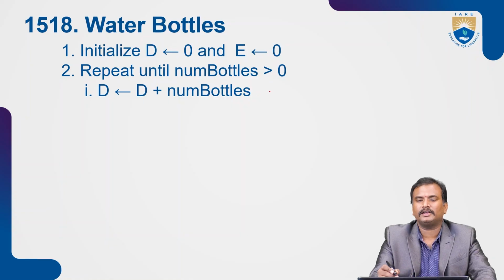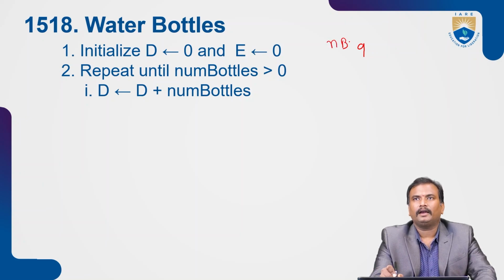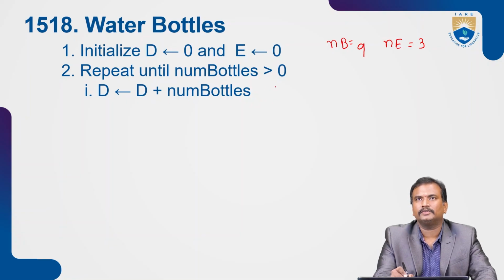Initially, let us consider the number of bottles as 9 and the number exchange as 3. So here we are taking D equals D plus number of bottles, so the D value will become 9 initially.